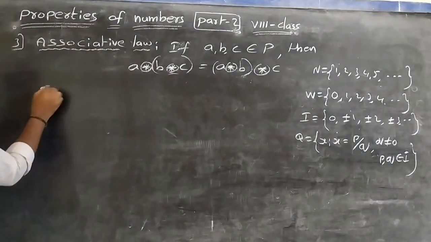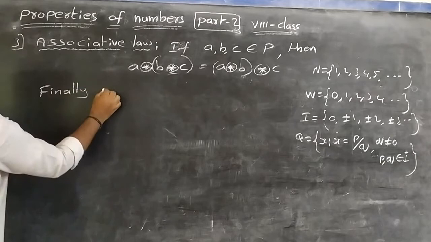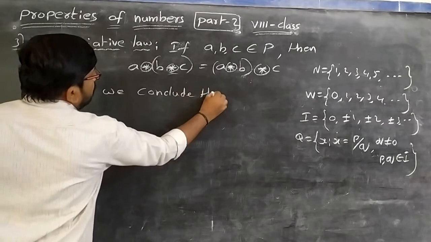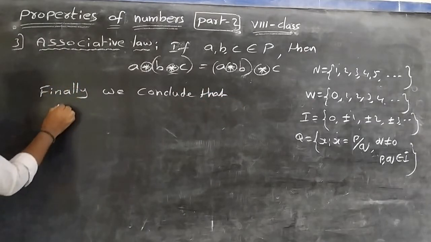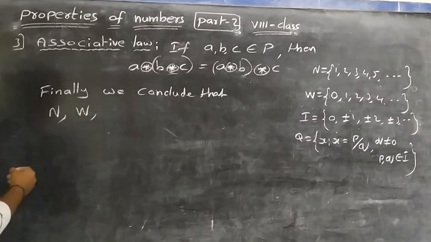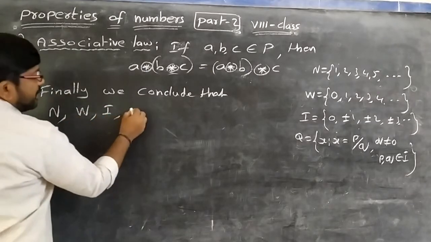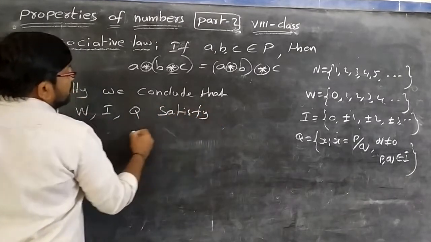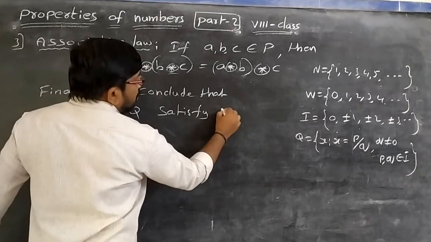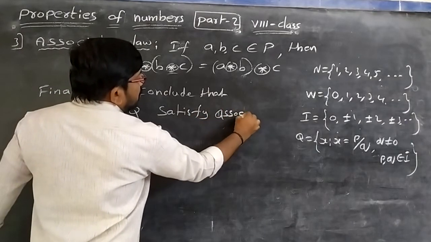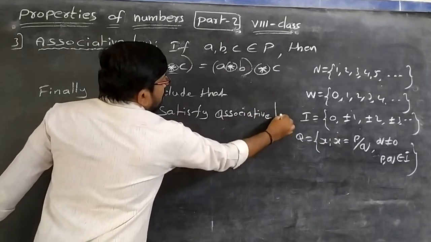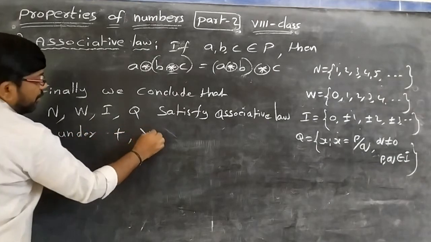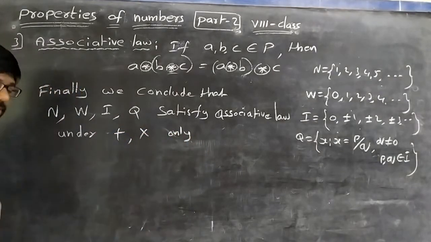So finally, we conclude that the set of natural numbers, set of whole numbers, set of integers, and a set of rational numbers satisfy the associative law under addition and into only, right?